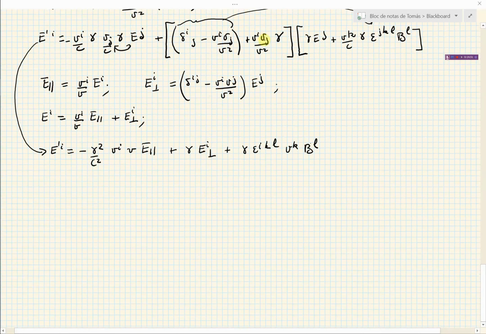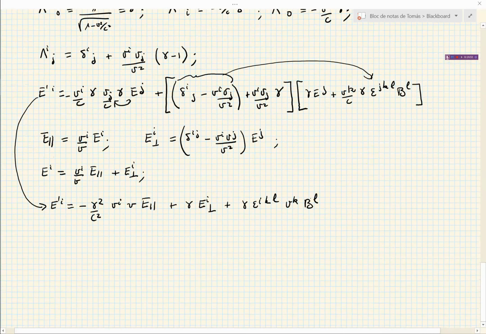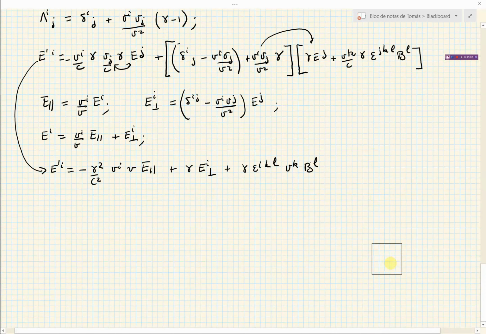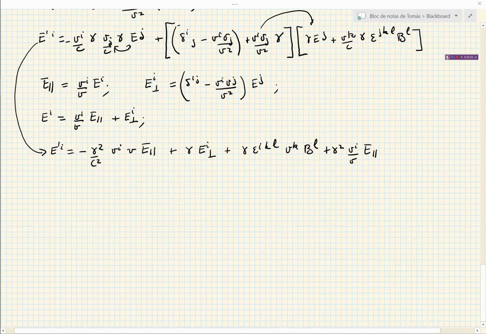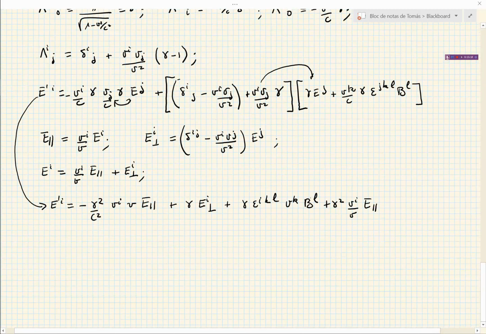Then this multiply, now we multiply this term by this, and we get plus gamma squared vi divided by v, and the parallel component of E, and the product of this term by the last term gives you again 0 for the same reason, because you have two v's contracted with an epsilon, and symmetric times antisymmetric gives you 0.